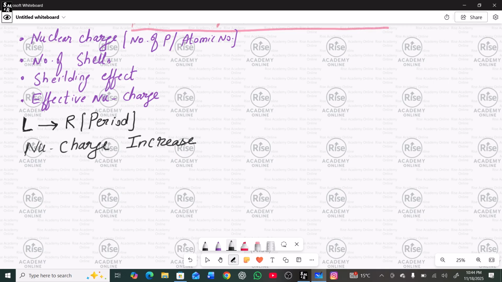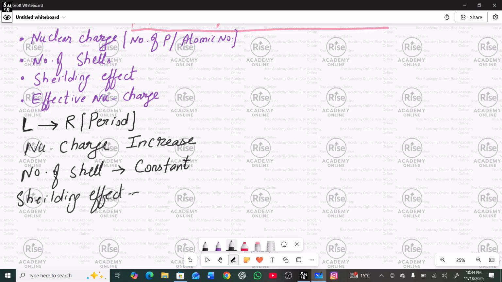With the increase of nuclear charge, the number of shells in a period remains the same, so it is a constant factor. And because the number of shells remains the same, shielding effect is again constant. The only active and acting factor is the nuclear charge.